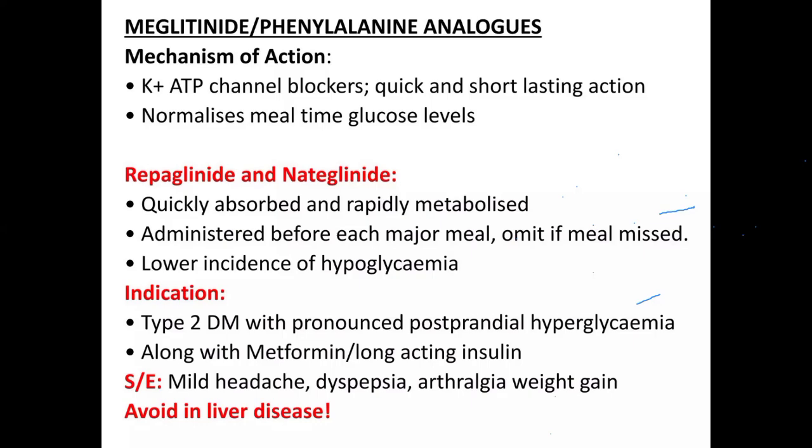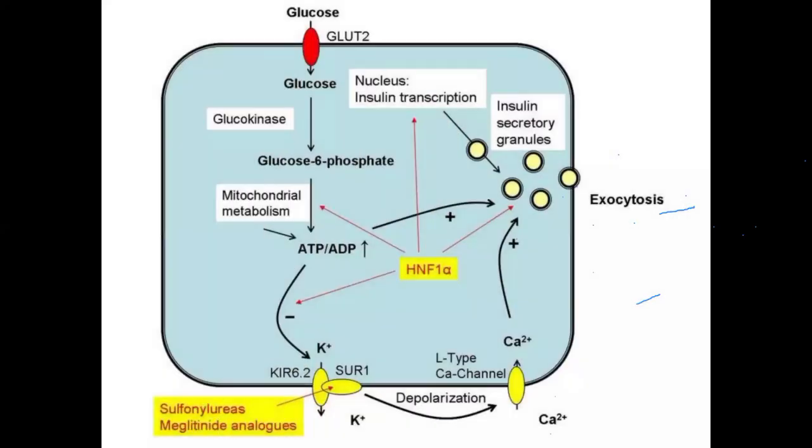So this is the pictorial representation of how sulfonylurea and meglitinide class of drugs work. Here in the picture, we can see that glucose enters from outside to inside via the GLUT receptor or GLUT2 channel.